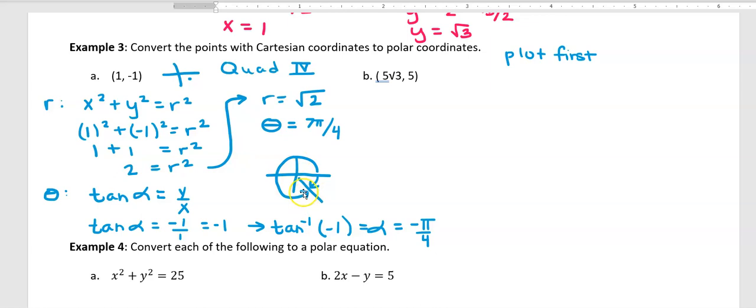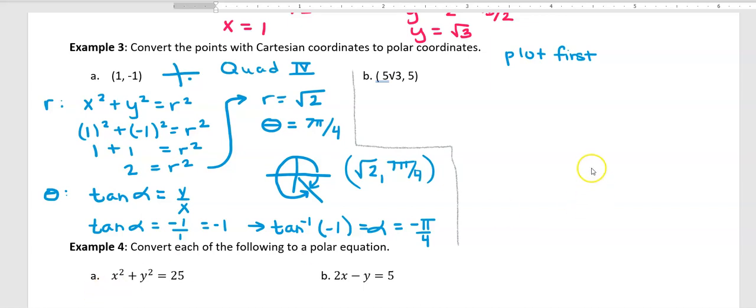And then I would need this to be in the fourth quadrant, so it would need to be a positive. And then we found our arctan as -pi over 4, and then found its corresponding angle, which would be 7pi over 4. So this answer, if we were to write it as an ordered pair, would be √2, 7pi over 4.